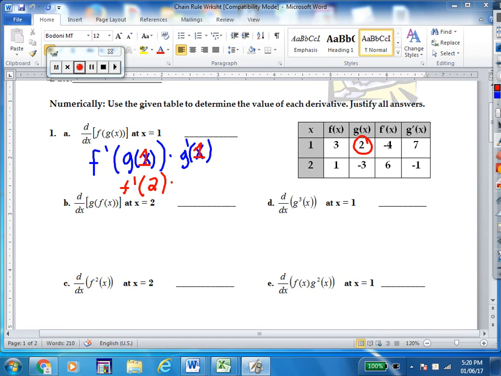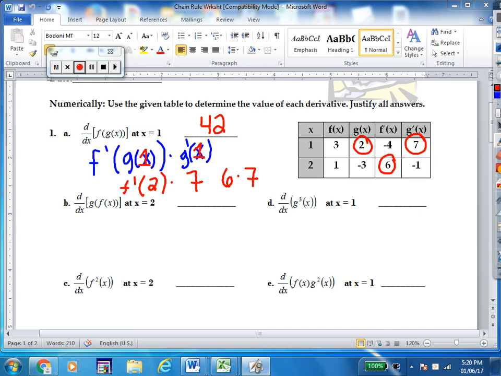And we're going to multiply that by g prime of 1. G prime of 1 is 7. And now I will figure out the derivative of f at 2, which is 6. And so I end up with 6 times 7, which is 42. And I evaluated the derivative numerically.